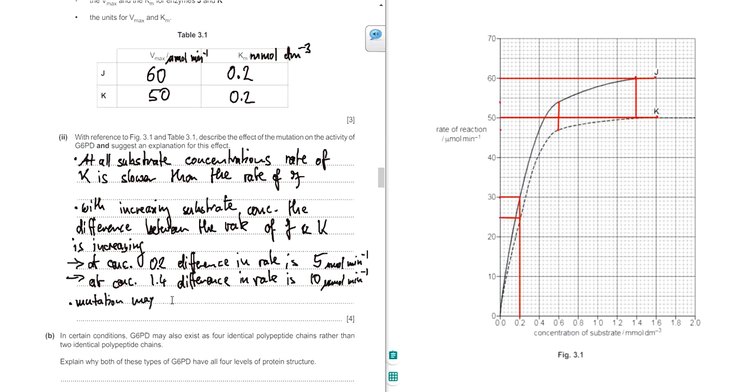Mutation may have affected the active site and this means that the affinity of K is lower, or it's a bit different.